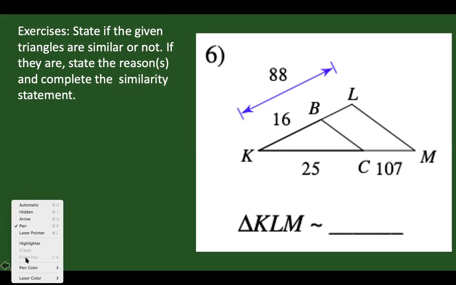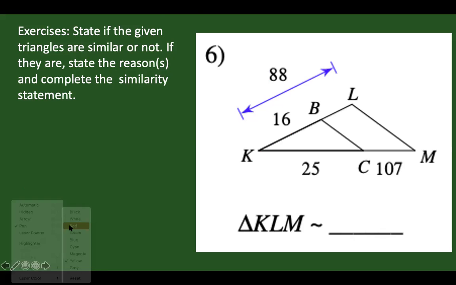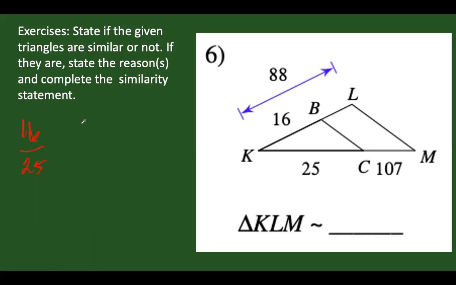Okay, sorry. Let me repeat that. So that's 16 over 25 and 88 over 132. So 16 over 25 is already simplified. And again, this is divisible by 4, so 22 over 33.